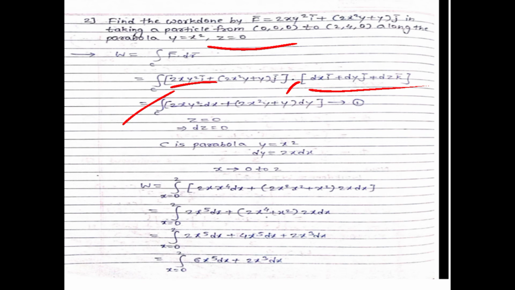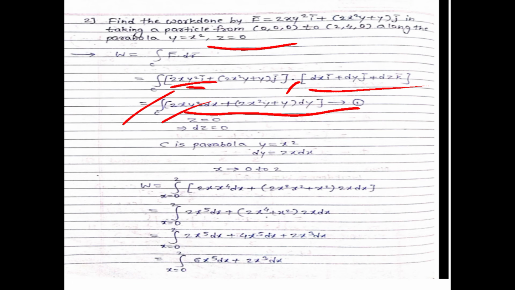So we will differentiate z, so dz is equal to 0. So by putting z equals 0 and dz equals 0 in the given equation, we will get this simplified equation, where the terms with z and dz become 0. Okay, and after simplifying we will get this format.